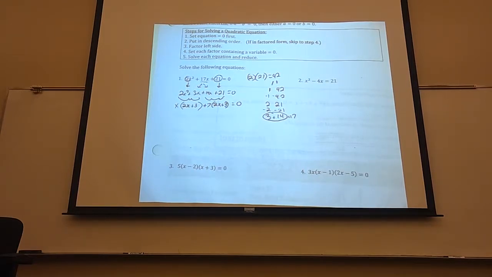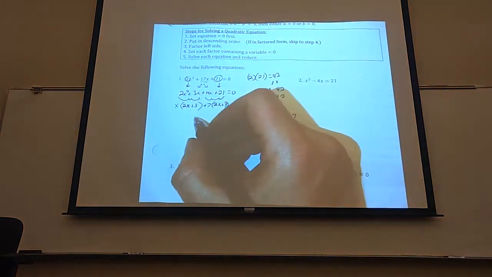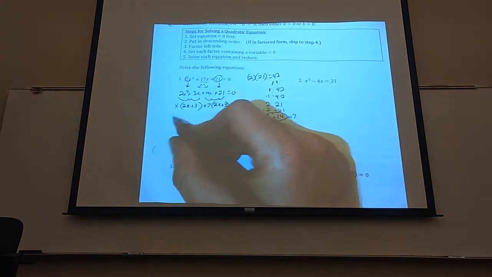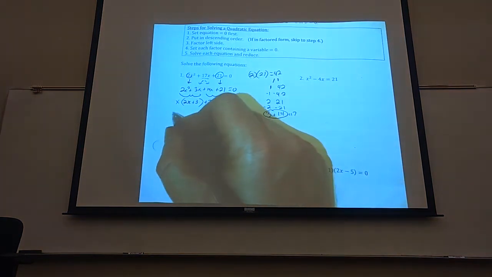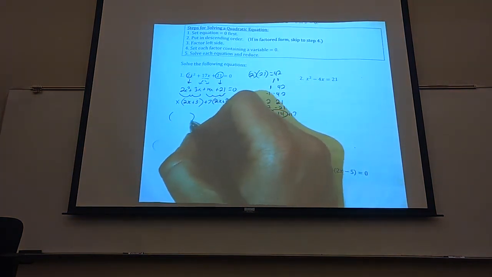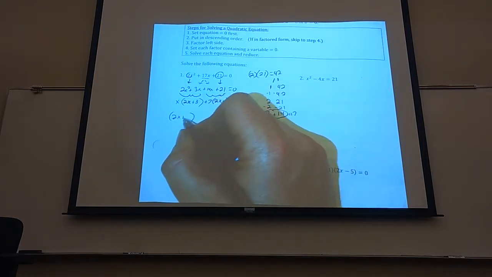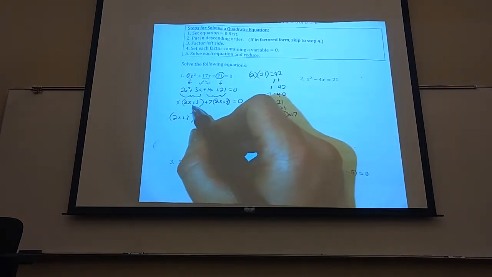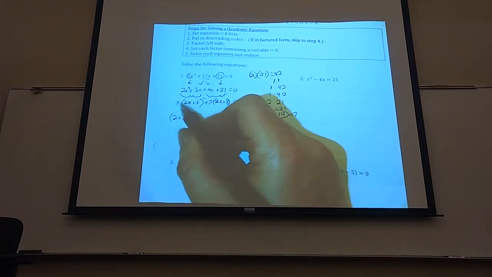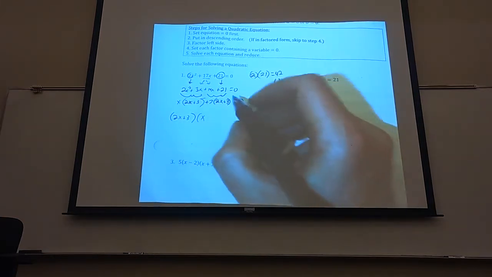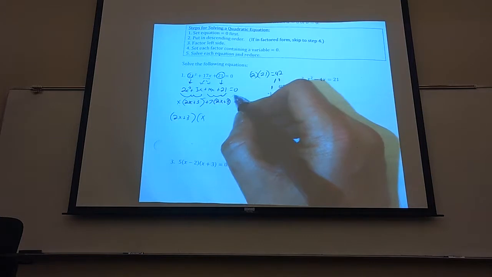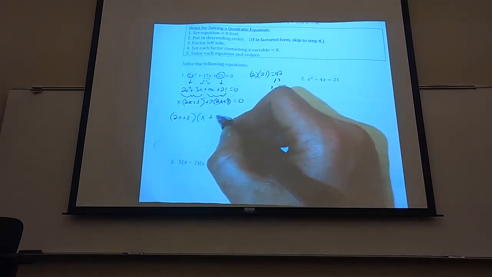Because the 2 sets in parentheses are the same. They both got the 2x plus 3, which is what we want. Because if they're the same, we can factor out 2x plus 3 from each of our groups. So when we remove 2x plus 3 from the first group, we're left with just the x. When we remove it from the second group, we're left with just the plus 7.